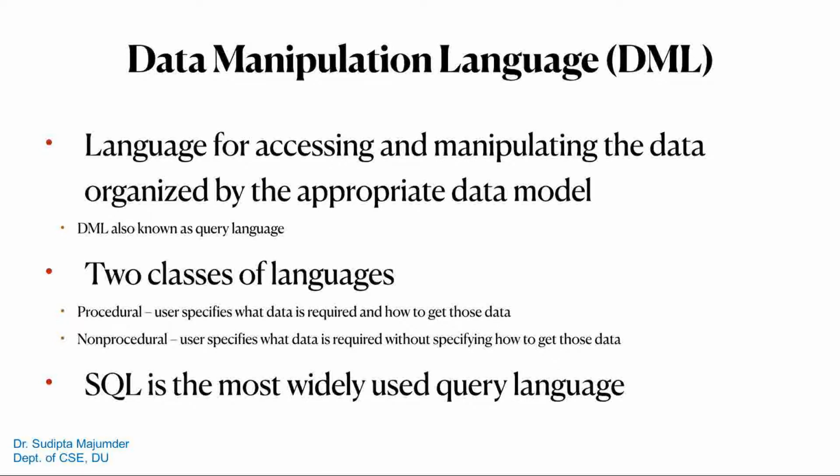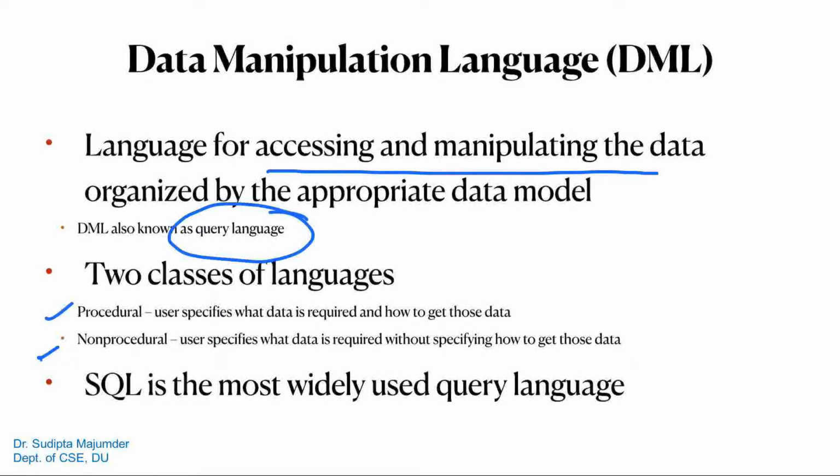Then comes your data manipulation language. It is a language for accessing and manipulating the data, and these are organized by appropriate data models. DML is also known as query languages. As we have already mentioned, there are two classes of DML. One is procedural, the second one is non-procedural.